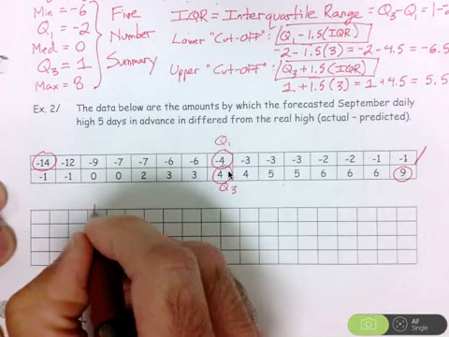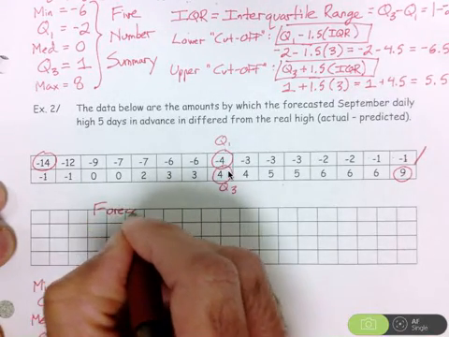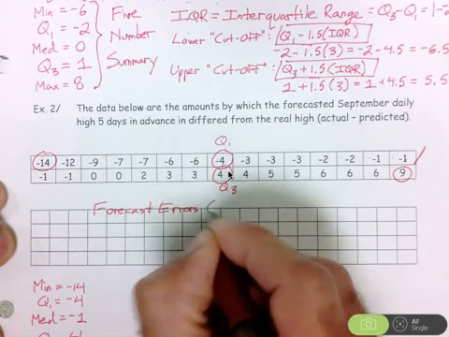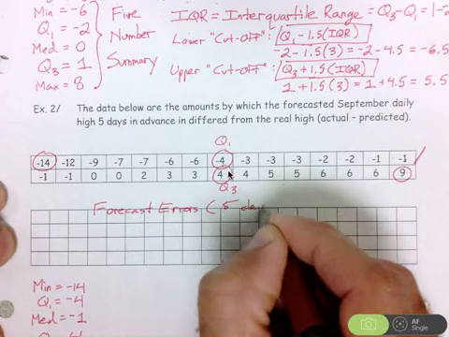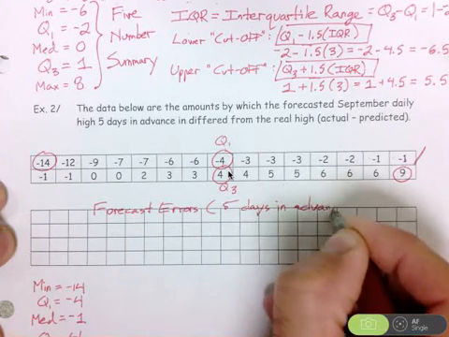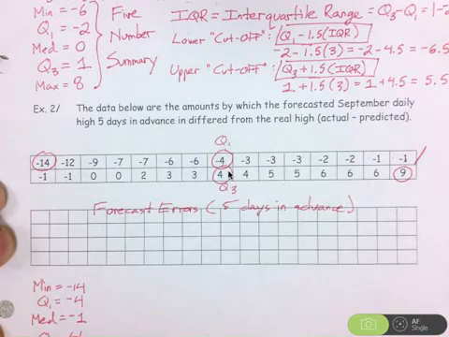These are forecast errors, 5 days in advance. So here we have to go from -14 all the way to 9. So I have to be a little bit more careful graphing this.